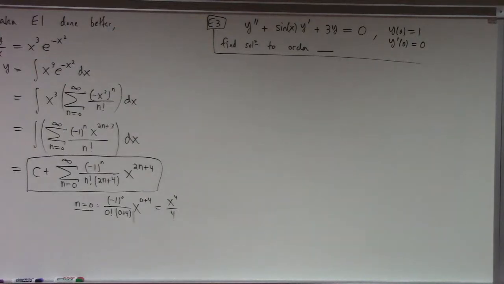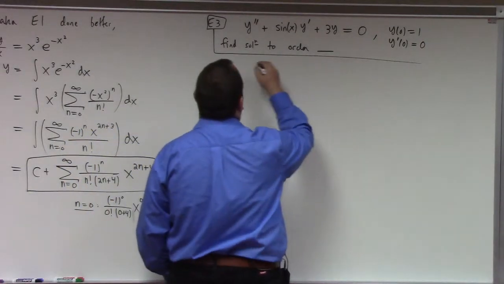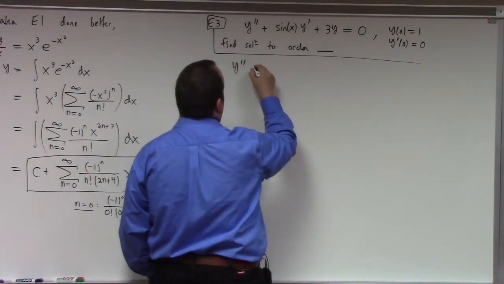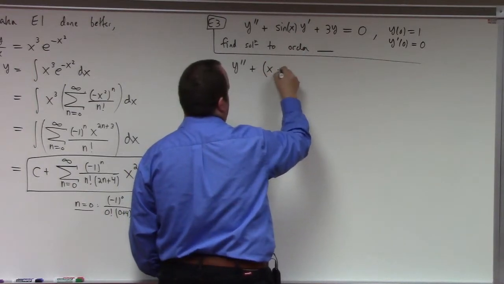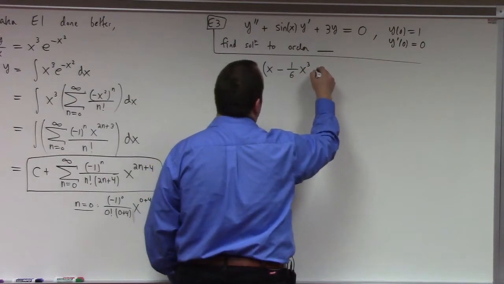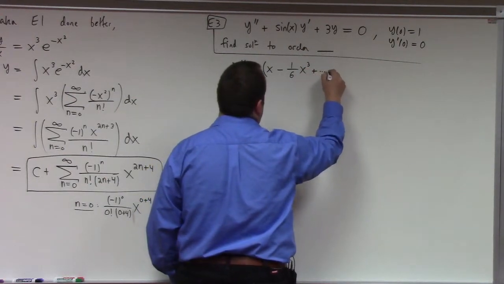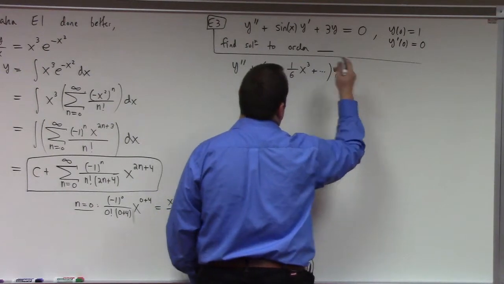So how do you do a problem like this? Well, the point here is that this is y prime prime plus, what's the power series expansion for sine? It's x minus 1/6 x cubed, and so forth and so on. I'm just going to go that far so that we don't get too overwhelmed with it in class.